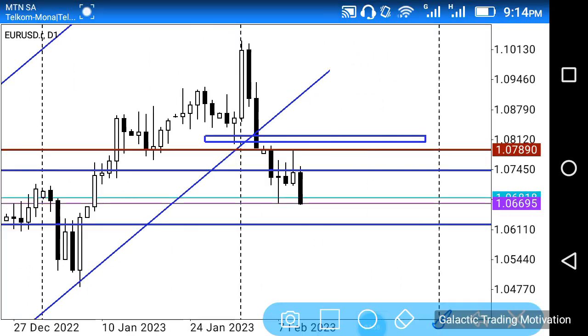And we can see that where this red line is, is more or less where the neckline is, right? So as I said, guys, should price from where it is come back to this level, at this level is where we should be looking for potential selling opportunities. We're not just going to sell, we're going to look for further reasons for why we should be selling, right?